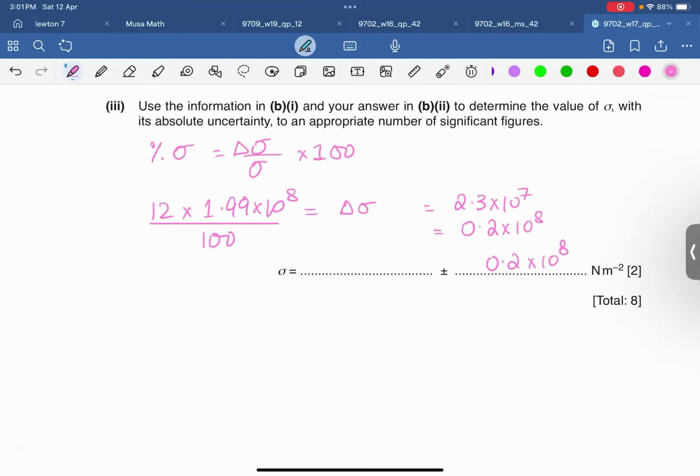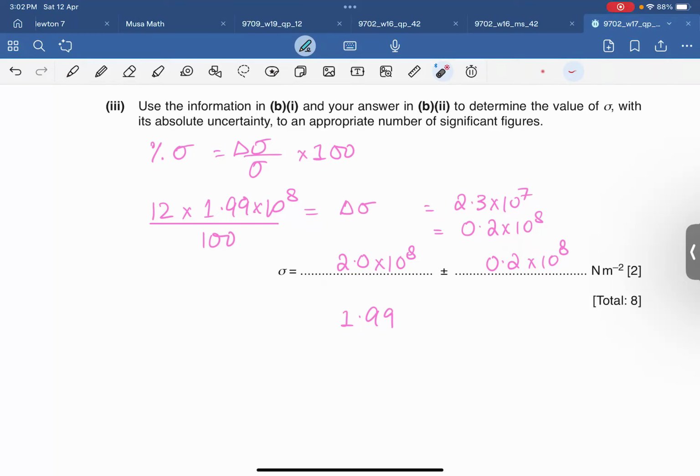Okay, so you are not allowed to write 1.99, right? So आपको इसको round off करना पड़ेगा 2.0 exponent 8, right? So they both are in the same power of 10. Okay, this is in 1SF, which is the rule, and this has the same DP as this one. Okay, is that clear, guys? तीन चीजें आपने ध्यान में रखनी है इस क्वेश्चन में, समझ पा रहे हो? यस, एवरीबडी इज क्लियर?